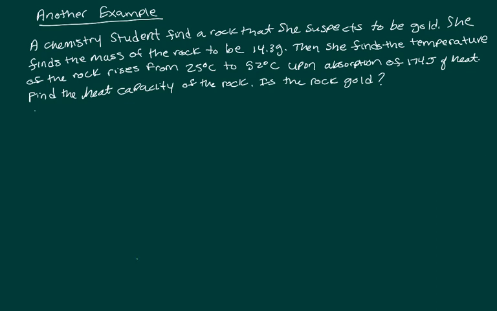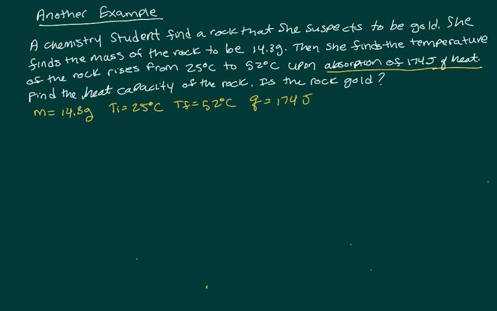So the first thing is the mass, which is 14.3 grams. Then we find that the initial temperature is 25 degrees Celsius. The final temperature is 52 degrees Celsius. And we find that upon absorption of 174 joules of heat, so our Q is 174 joules.